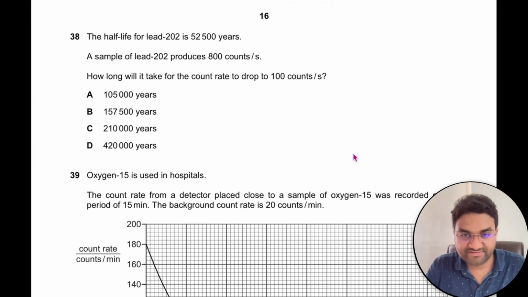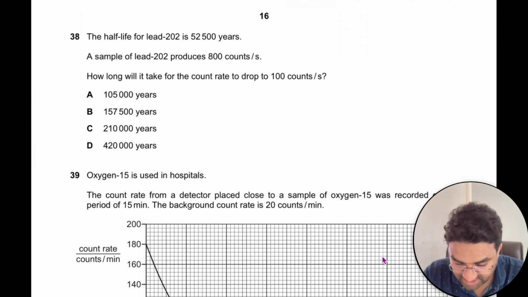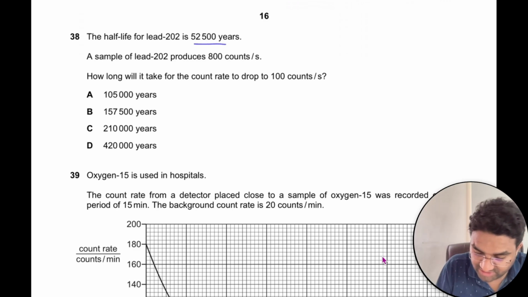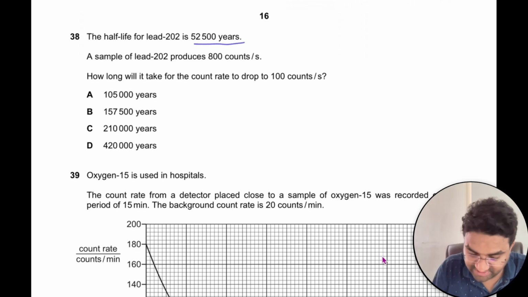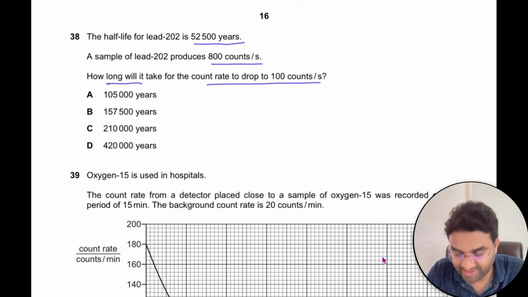Then next, the half life of lead 202 is 52,500 years. A sample of lead produces 800 counts per second. How long will it take for the count rate to drop to 100 counts per second?